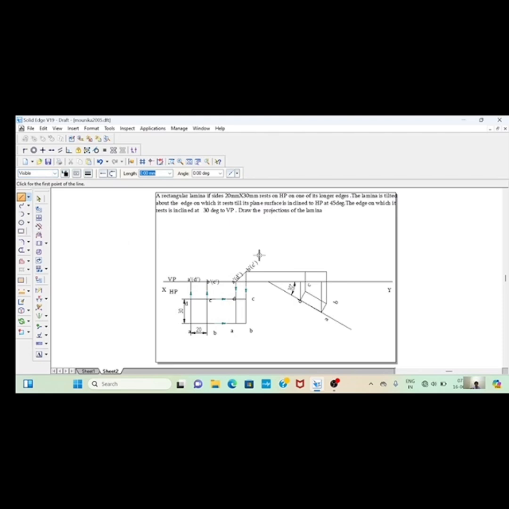Go to visible line and join all the points. Go to leader and project the lines with the arrow.